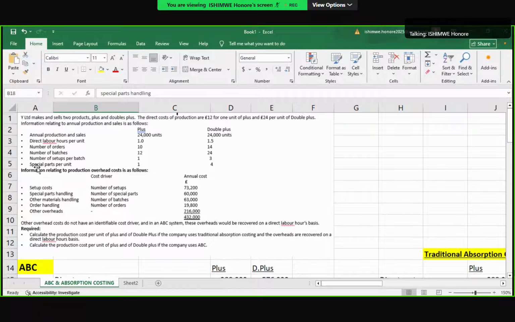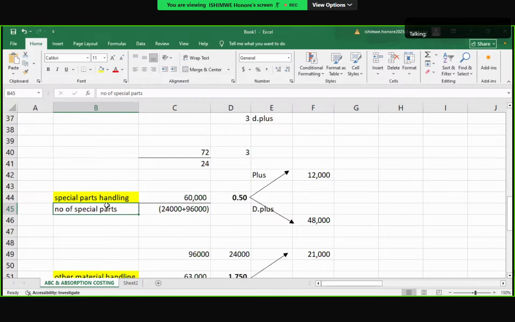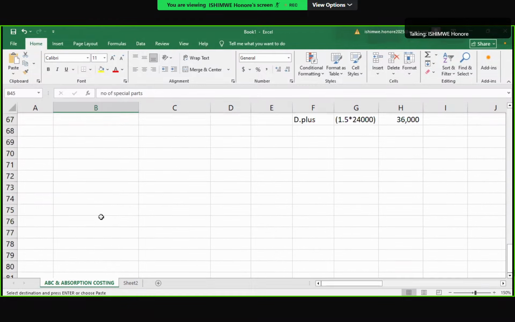And you see we have special parts per unit. And I ask myself, to get number of special parts per unit, it means they have taken number of special parts, then divided by the number of units. Then they get special parts per unit. Okay, look here.